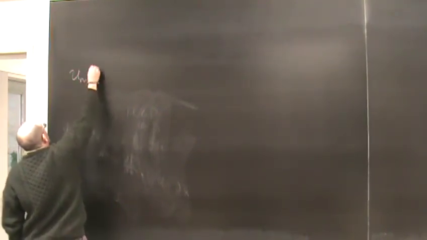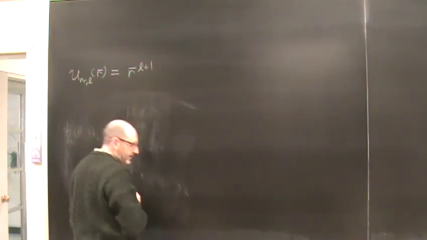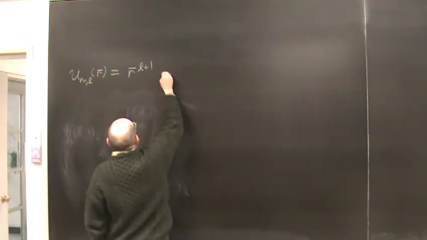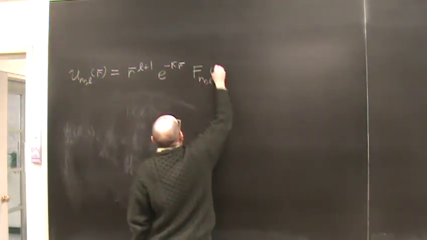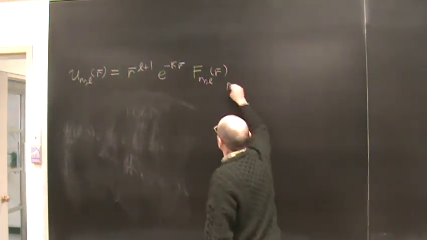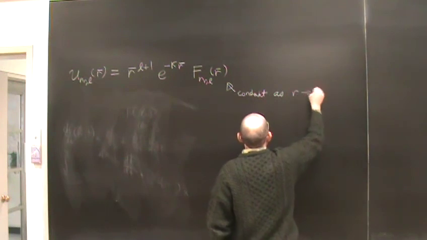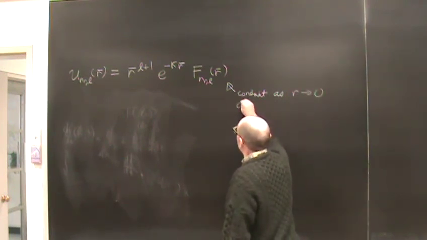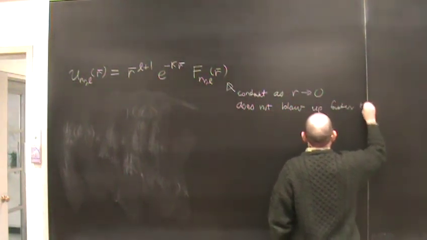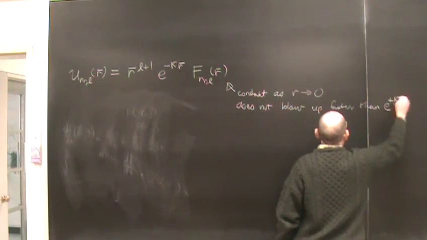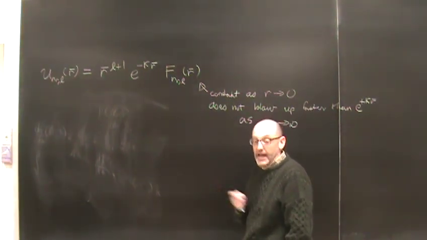The reduced radial wave function as a function of the radial coordinate goes like r to the L plus 1, e to the minus kappa r, times some function of r, where this function is a constant as r goes to 0 and does not blow up faster than e to the plus kappa r as r goes to infinity. Then it has the right asymptotic properties.